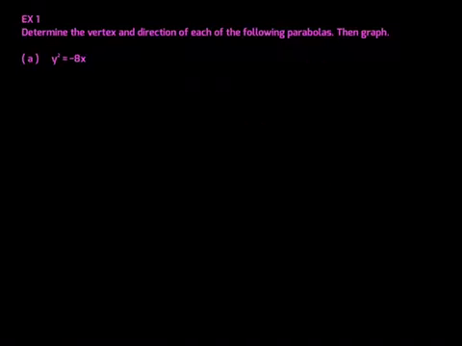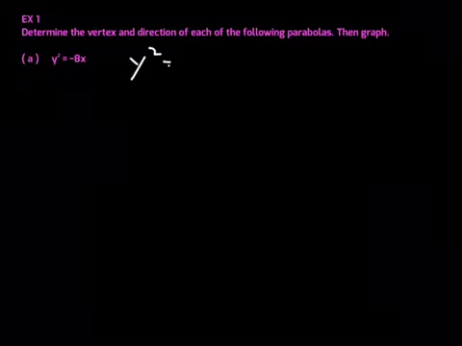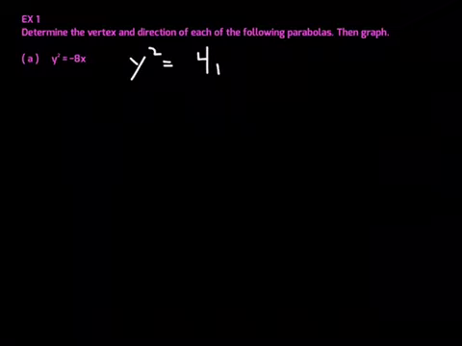All right, here's our first example. Determine the vertex and direction of each of the following parabolas and then graph. For the first parabola in this example, we have y squared is equal to negative x. Doesn't this look awfully similar to our standard form, which is y squared is equal to 4px?